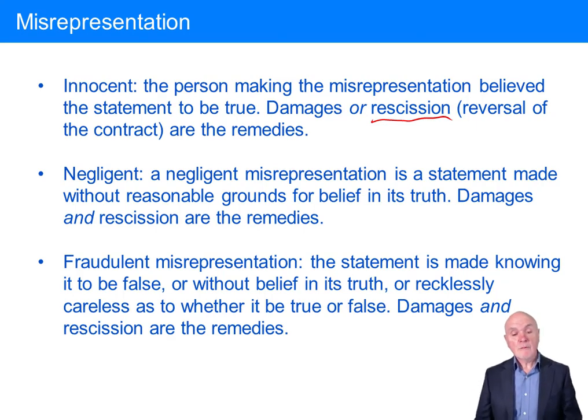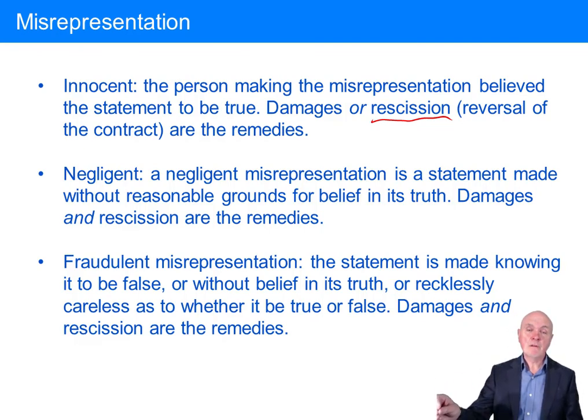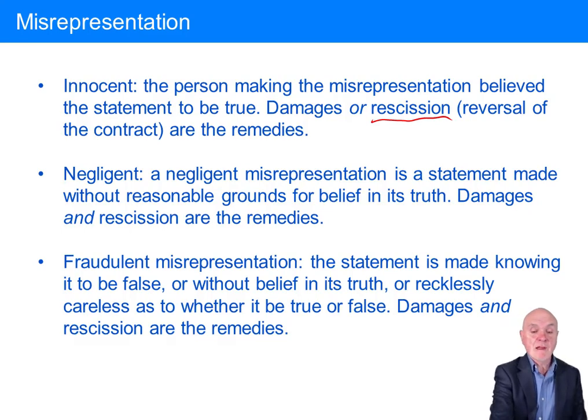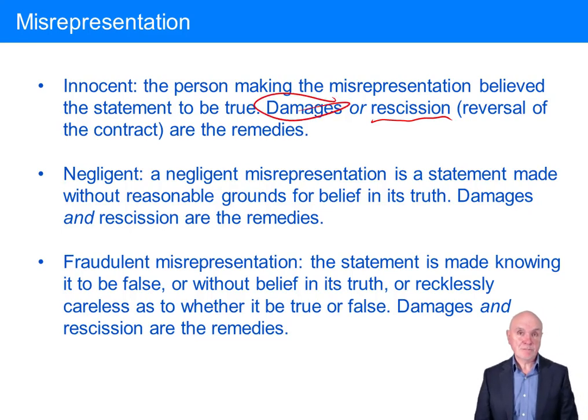Now there, rescission isn't really possible because the person who sold the car doesn't want a car back 8 months older and with an extra 10,000 kilometers on it. It's simply not possible to reverse people back to the position they were in. Things have changed. And the remedy there is going to be damages. Damages is a monetary amount paid to compensate.